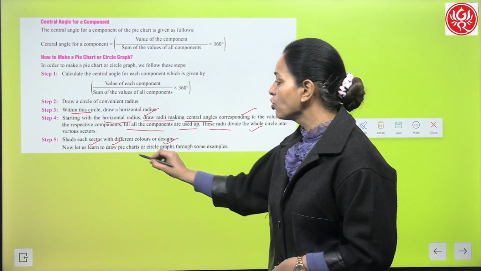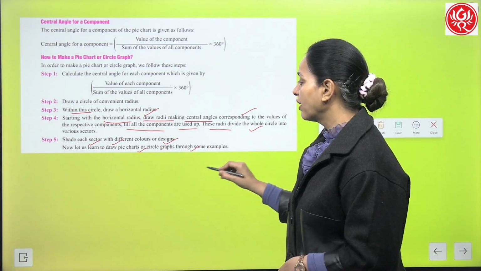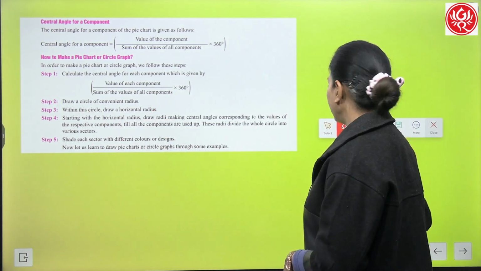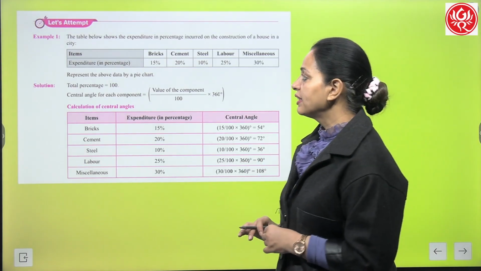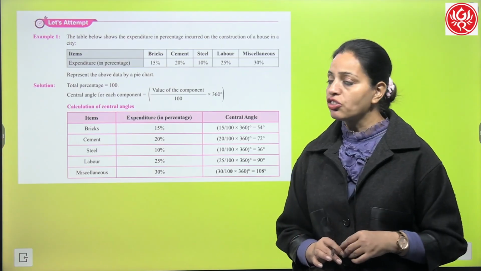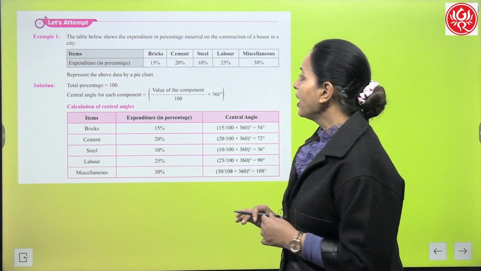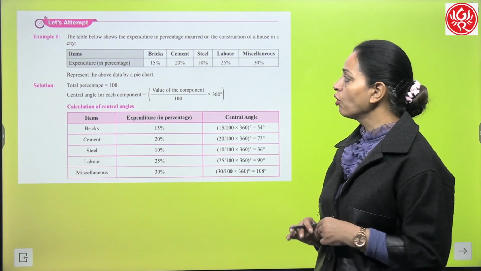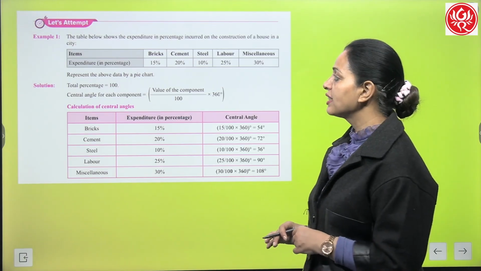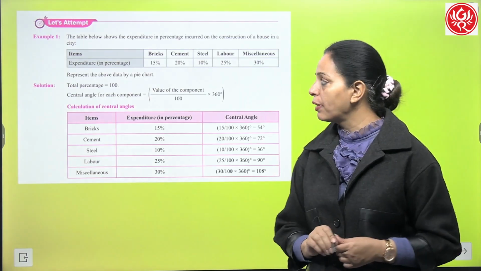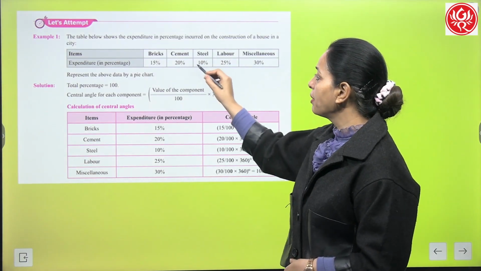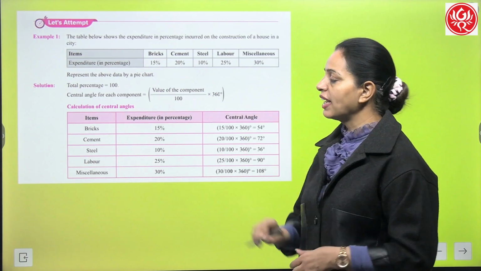Now let us learn to draw pie charts or circle graphs through some examples. So here, let us attempt example 1. The table below shows the expenditure in percentage incurred on the construction of a house in a city. Items and expenditure in percentage: bricks, cement, steel, labor, miscellaneous.